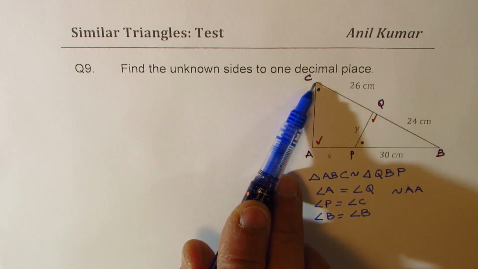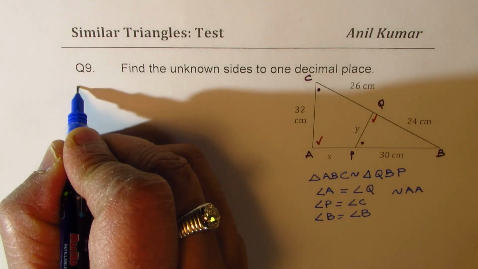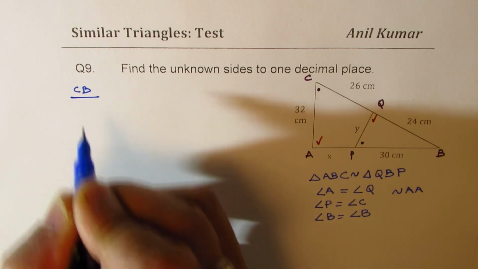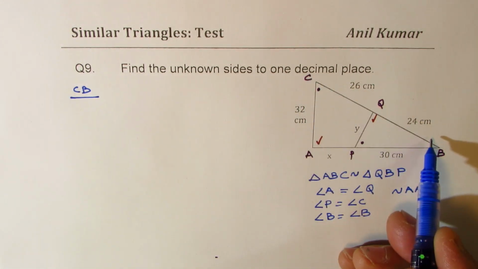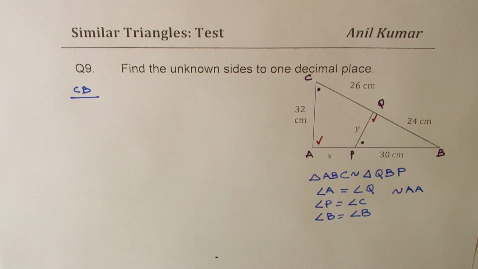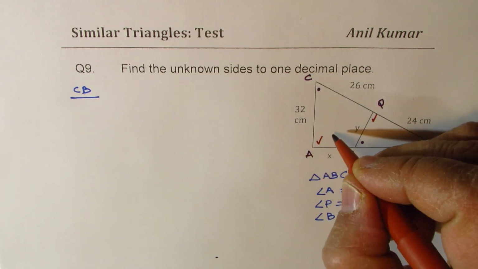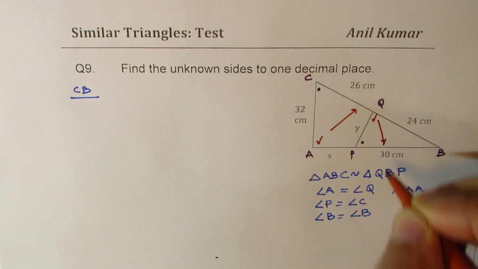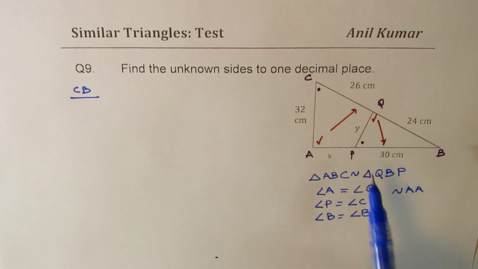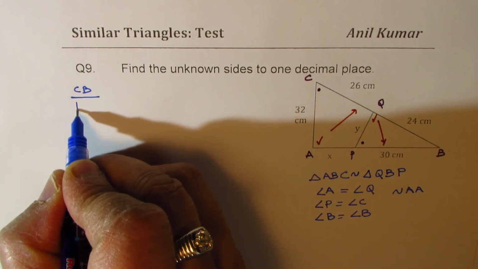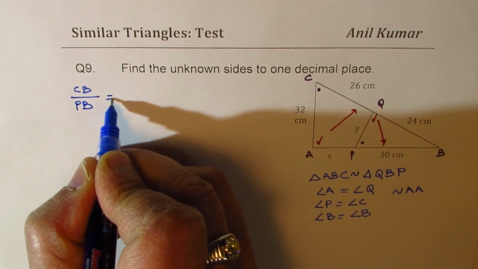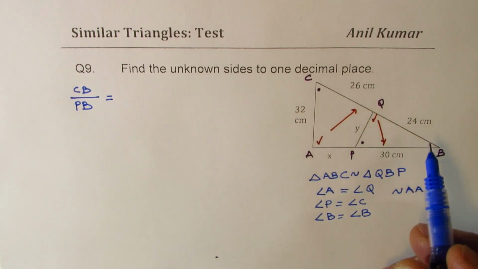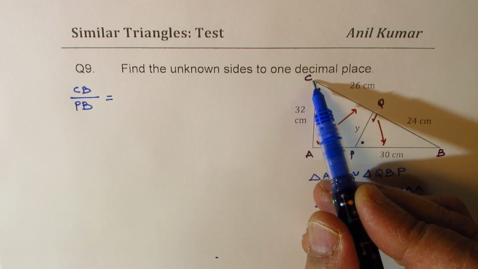So for the bigger triangle, let's take the side CB. And this CB corresponds to which side? We're looking at a side which is opposite to angle A in the big triangle. So in the smaller triangle, it will be 30, correct? Which is side PB, right? That should be equal to, let's take the third side, which is, let's say, CA.